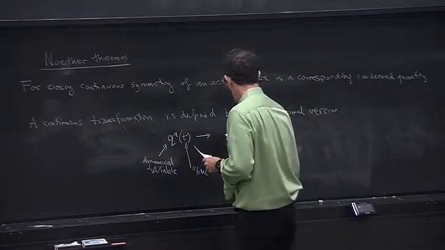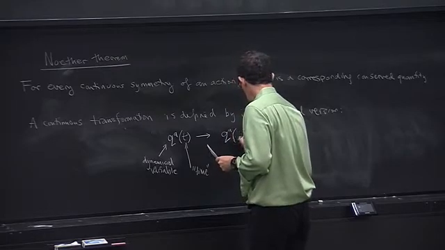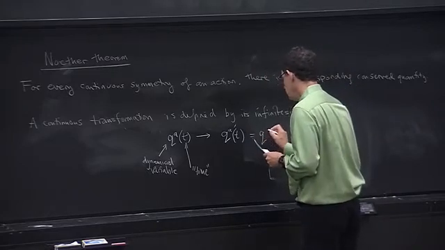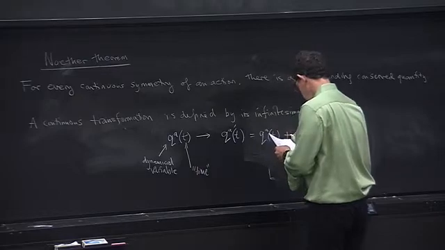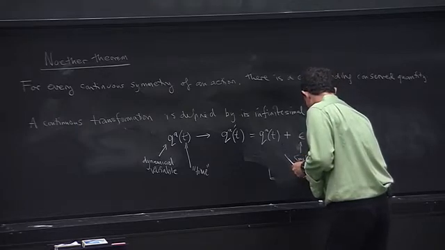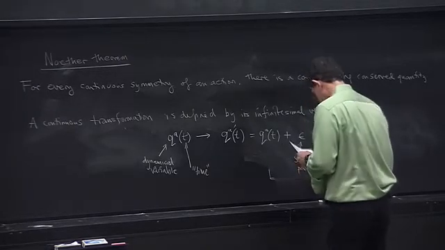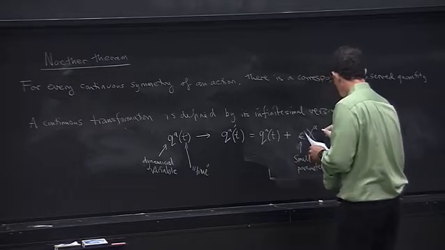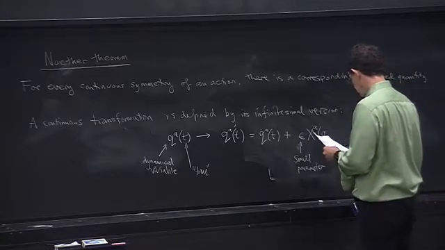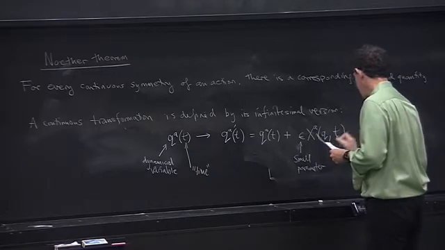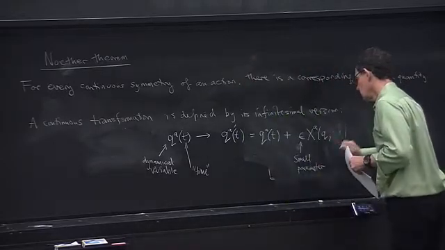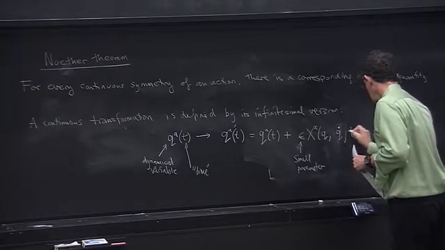And the transformation is a change from these to some other dynamical variables, which are defined to be q_a plus epsilon, a small parameter, times X_a of q, q dot, and t.